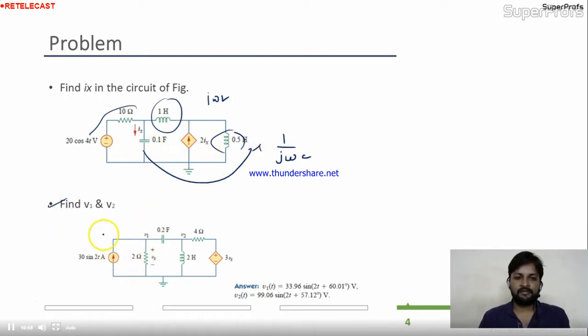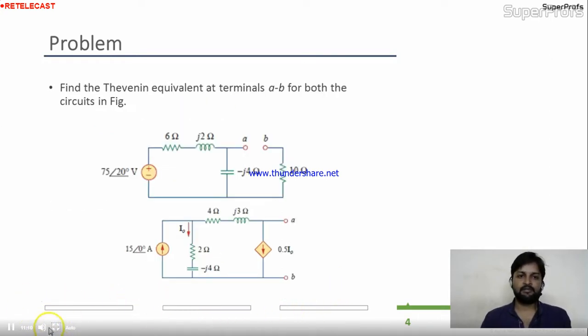Now come to the next one, find V1 and V2. This is the homework for you, and I have given the values of V1 and V2 also, so you can cross check it. Now come to the next one, find the Thevenin equivalent at the terminal A and B. For this circuit, they're asking for the Thevenin equivalent. So see here, it is already given in the form of impedance function.